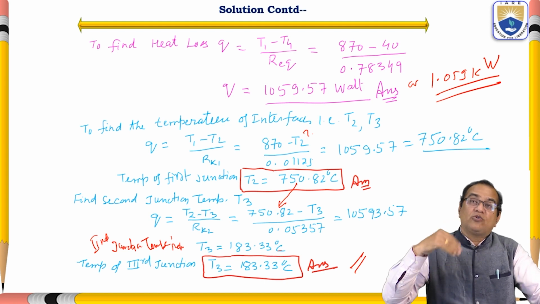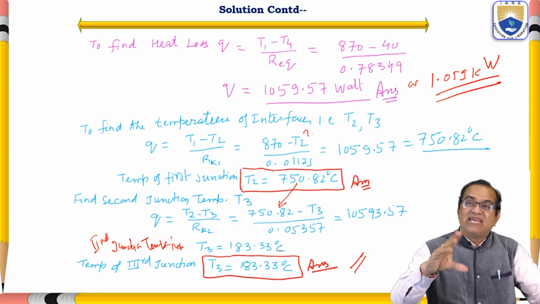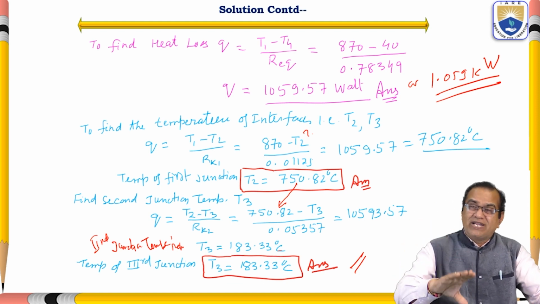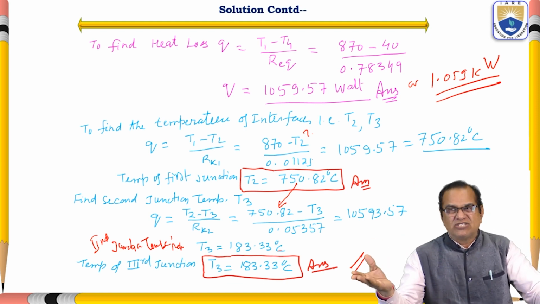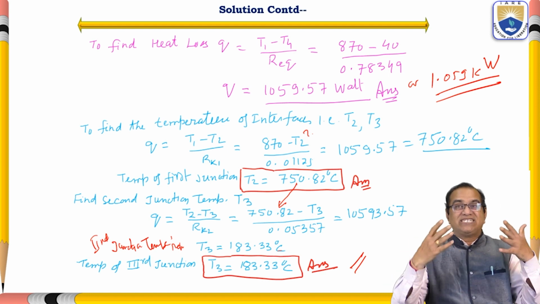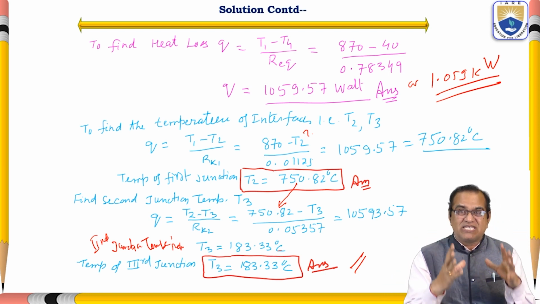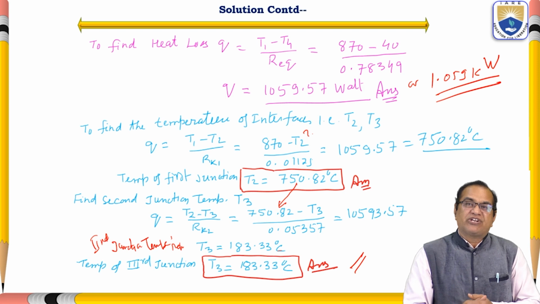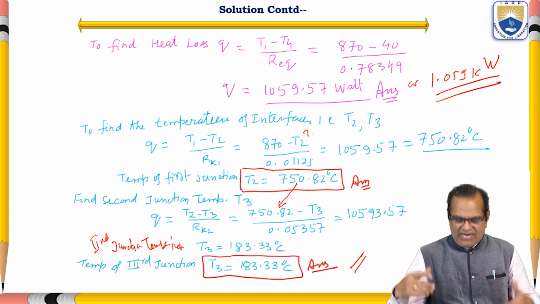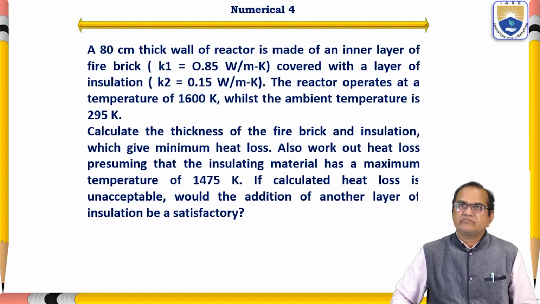From that you can do your calculation and design the material. What type of material is required in the insulation, and what type of material after the insulation? As an engineer, as a designer, we should understand the basic concept of heat transfer. Then only we can design the system.